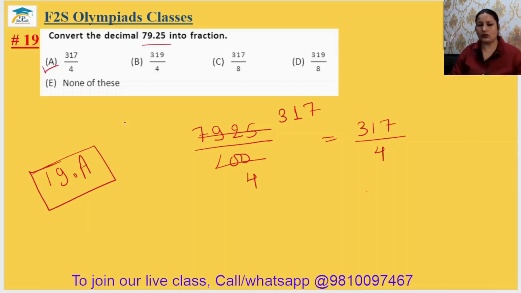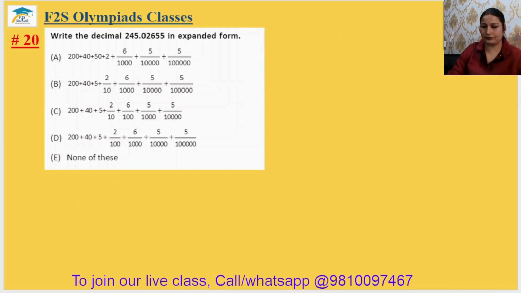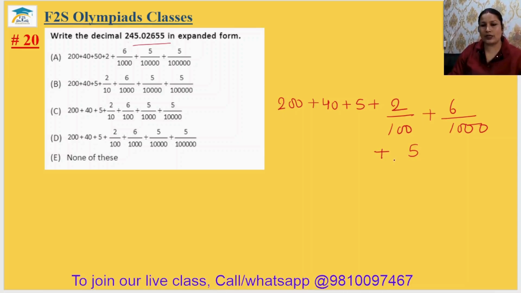Okay. Come to question number 20. Write the decimal in expanded form. So the integral part will be 200 plus 40 plus 5. And for the decimal part, 0 is at the 10th place, so we don't write 0. 2 is at the 100th place, 2 by 100. 6 is at the 1000th place, 6 by 1000. 5 is at the 10,000th place, 5 by 10,000.